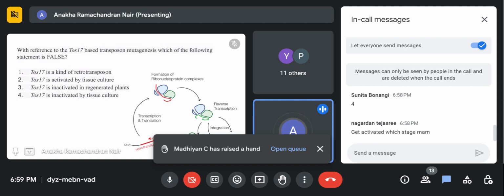Get activated at which stage? In this case, what is the stage that you're referring to? Just for clarity, what are the stages that you're referring to?